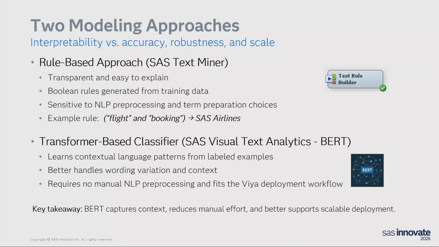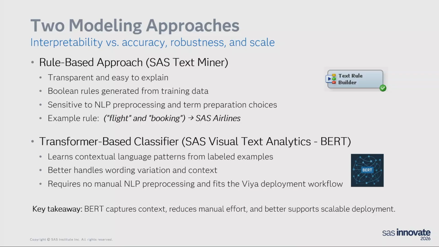The other approach we tried was a transformer-based classifier, which is available in SAS Visual Text Analytics on Viya. This classifier is based on Google's BERT architecture, which learns patterns from labeled samples, and it also captures the context in a more natural way.